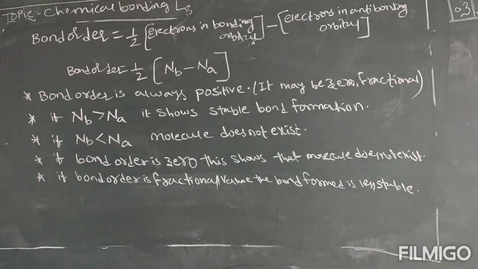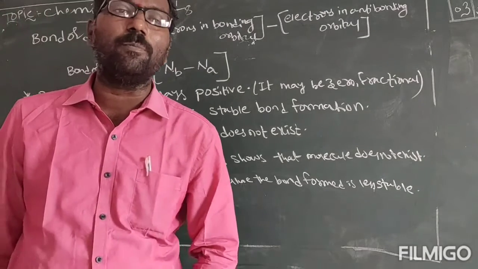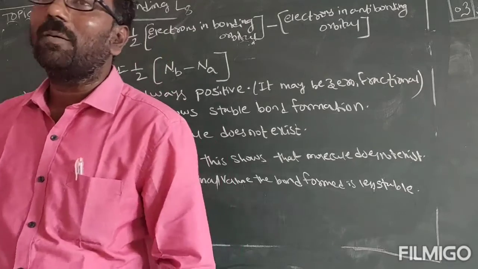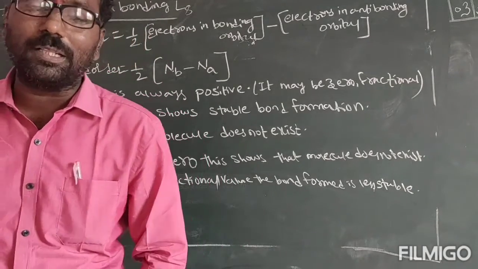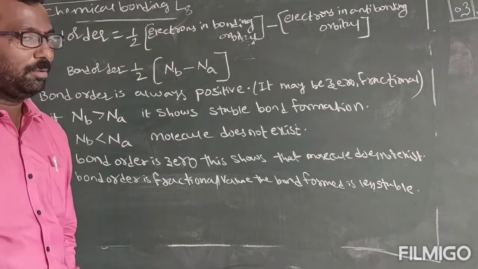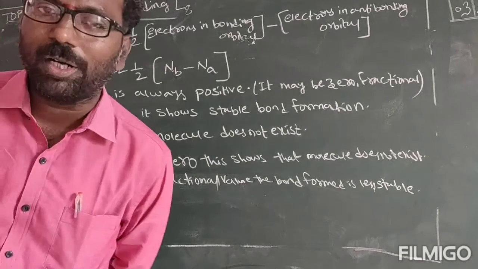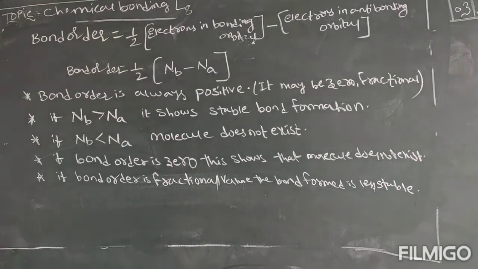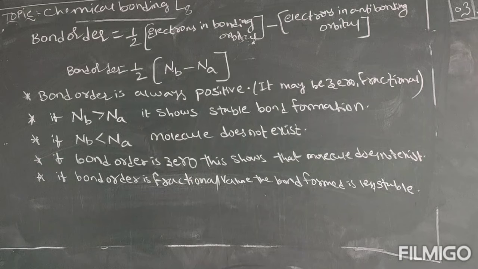The bond order formula is half of the difference between the number of electrons in the bonding orbital and the number of electrons in the anti-bonding orbital. And if the number of electrons in the bonding orbital is greater than the number of electrons in the anti-bonding orbital, then stable bond formation will result.